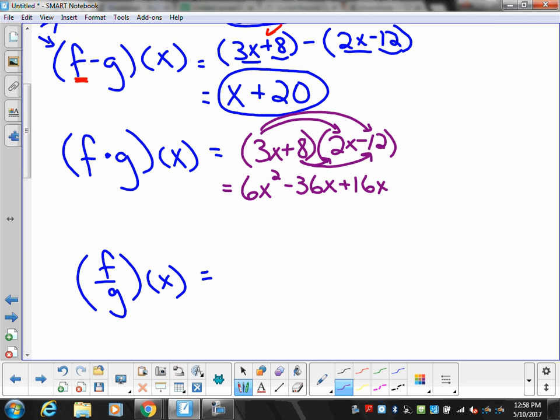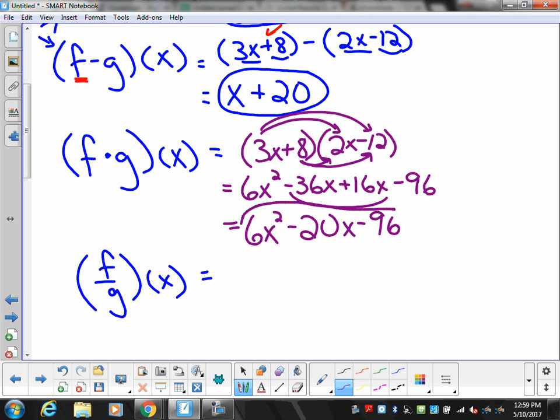And 8 times negative 12, which is a negative 96. And then again, you combine any like terms you can. So we have 6x squared minus 20x minus 96. And there's my solution to the multiplication problem.